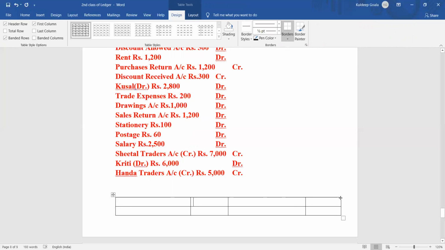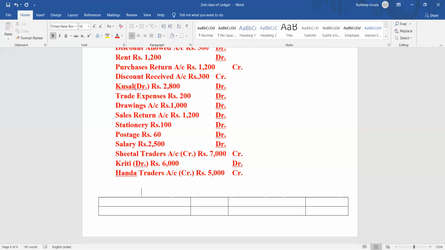That means it is a T shape format, right? And the other one is, okay, let's finish this particular part first, then I'll go to the next one. This is a T shape format.